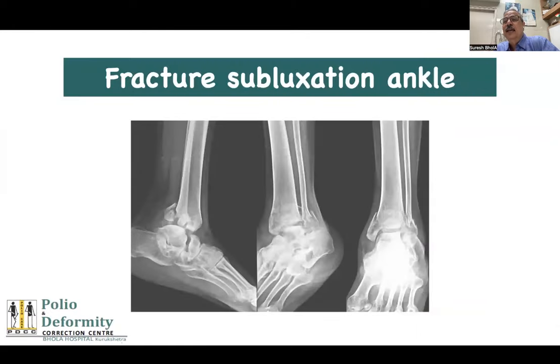Again, we come to the leg, lower end, where lower part of the tibia and fibula, fracture subluxation of the ankle is also there. And if you see these bones, they are not normal because of some congenital issues present already, and these were very osteoporotic bones.